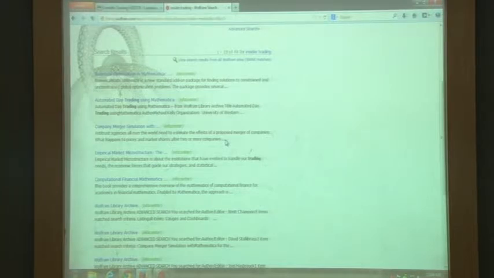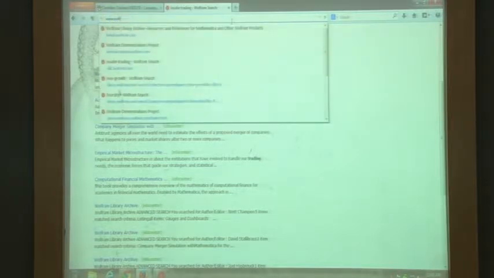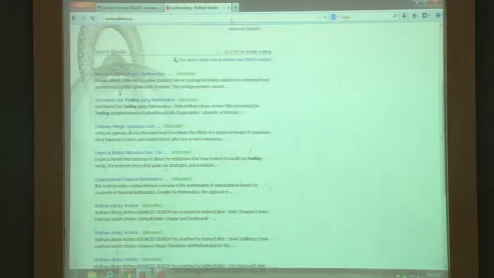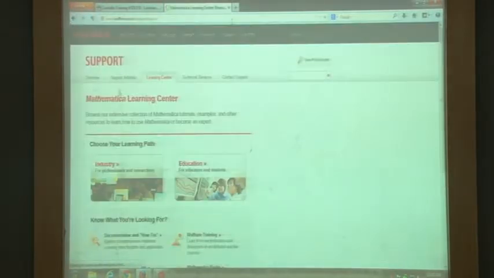If you need to learn more about Mathematica itself, then we can go to www.wolfram.com/learningcenter. This is about you learning about Mathematica, not about your area of expertise, but about the program itself.